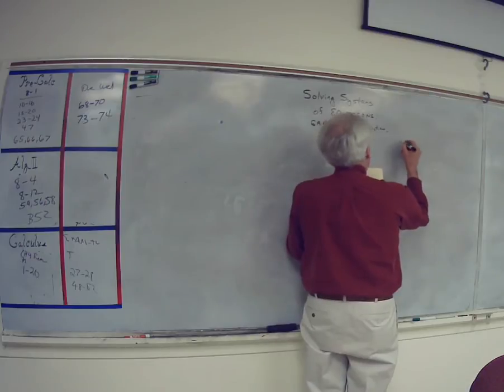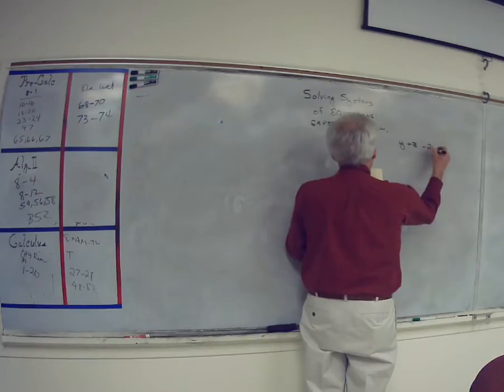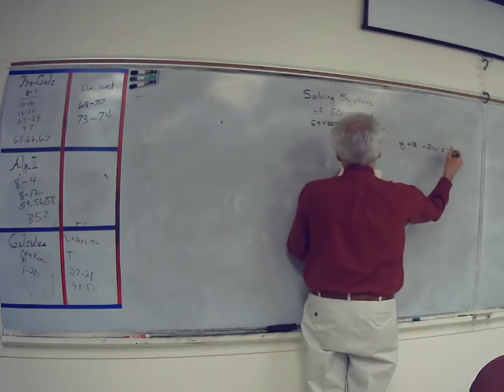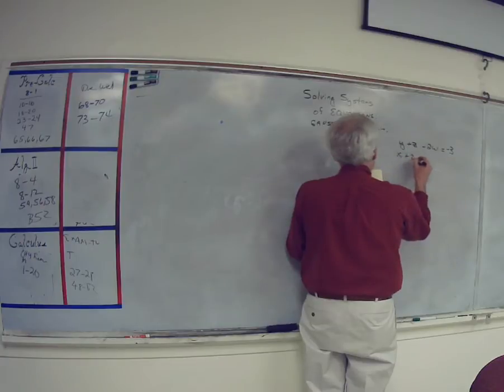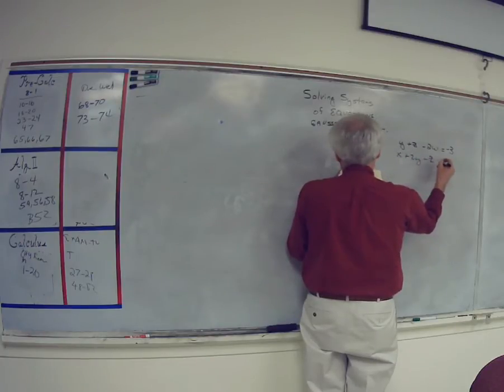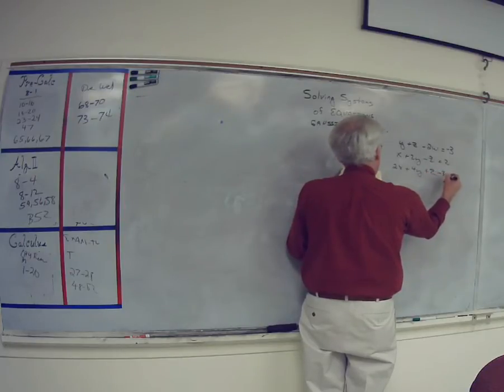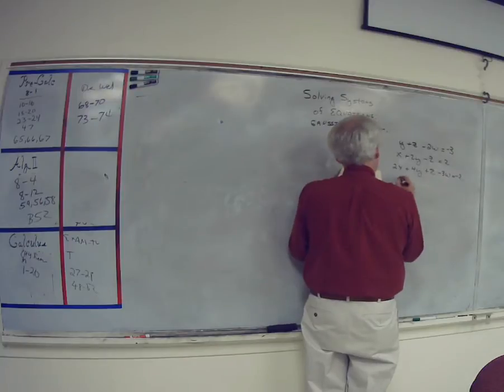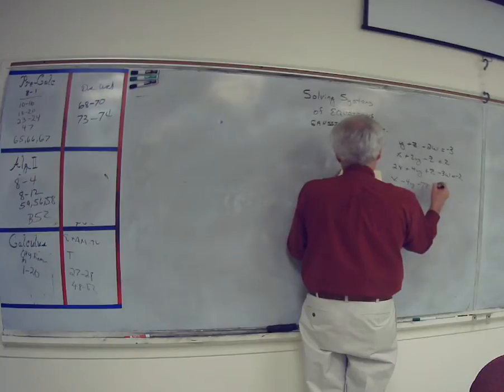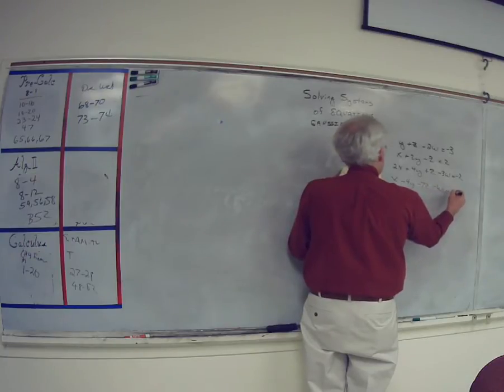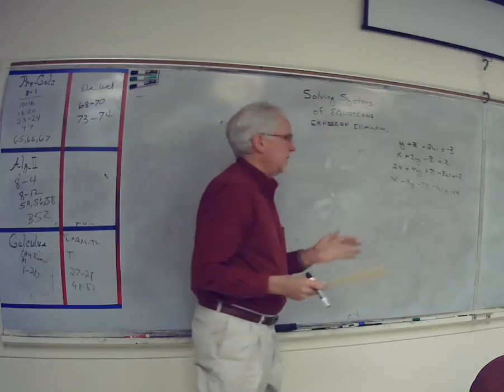So we're going to have y plus z minus 2w equals minus 3, x plus 2y minus z equals 2, 2x plus 4y plus z minus 3w equals minus 2, x minus 4y minus 7z minus w equals minus 19. Okay, four equations, four unknowns.